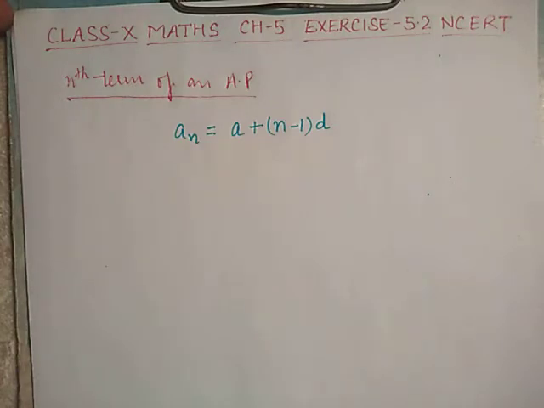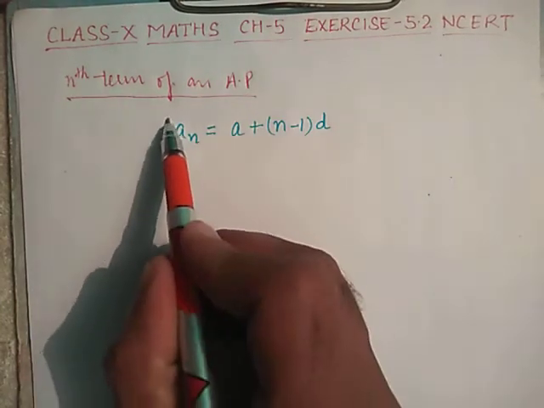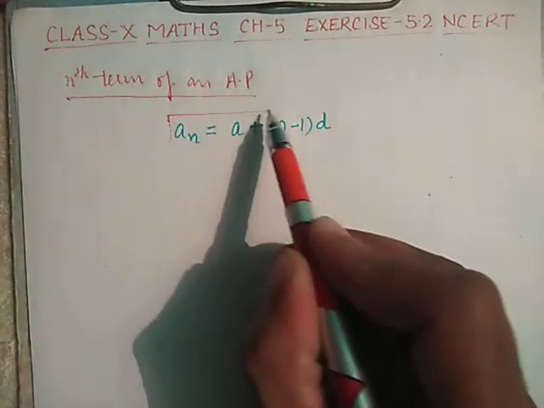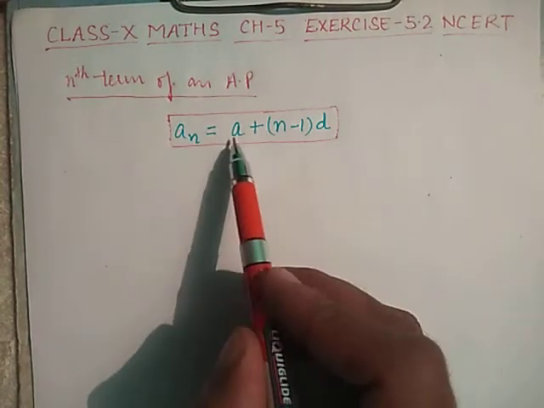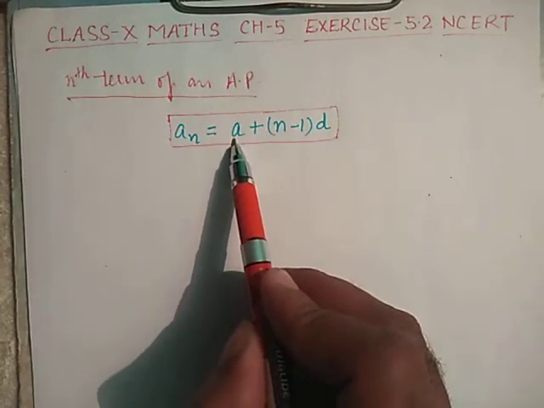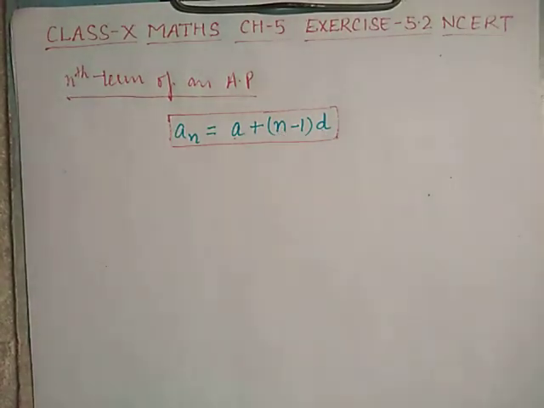Keep in mind that this is the nth term or general term of an AP. And you know very well that a is the first term, d is the common difference, and n is the number of terms.